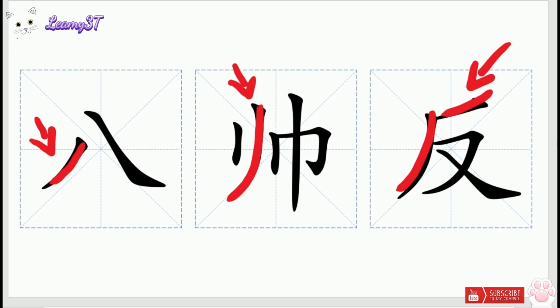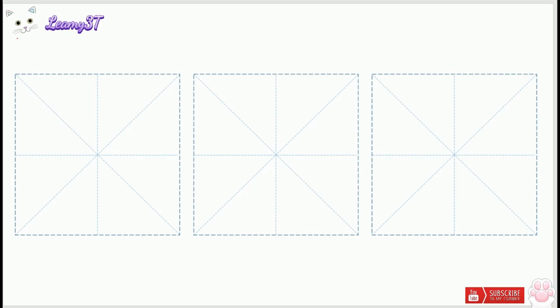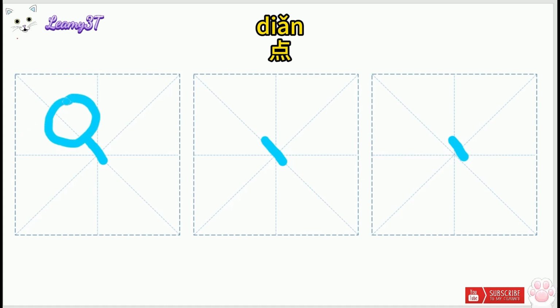Okay, next, we're going to write the diǎn, the last stroke we're going to write today. Alright, let's start. diǎn, diǎn, diǎn. The English meaning for diǎn is spot. It's a short stroke from the top left to the bottom right.